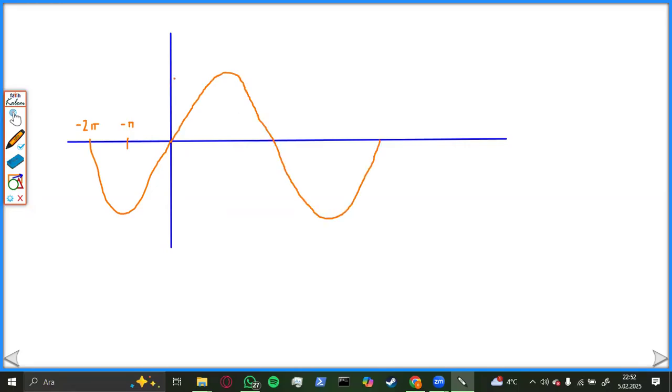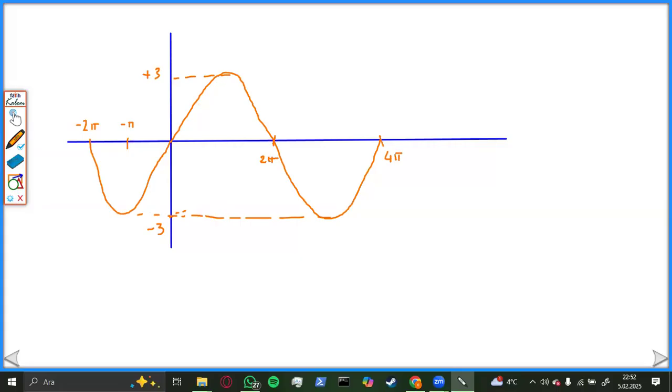The maximum point for the amplitude is 3, and the minimum point is minus 3. And here is 2 pi, and here is 4 pi.